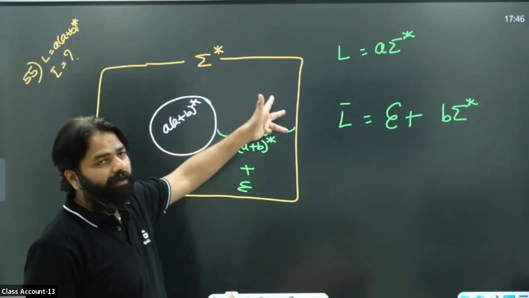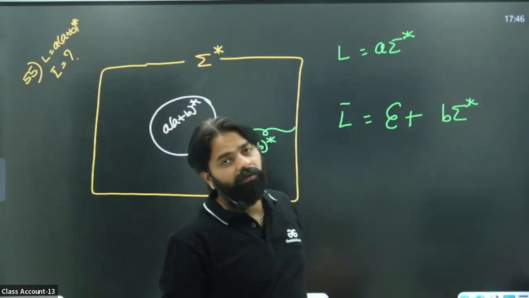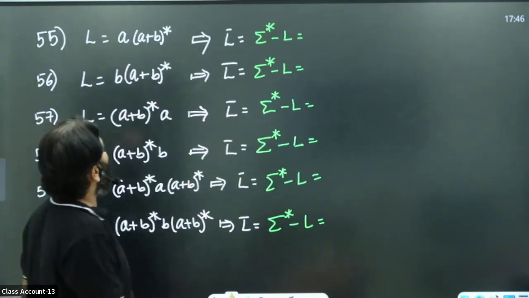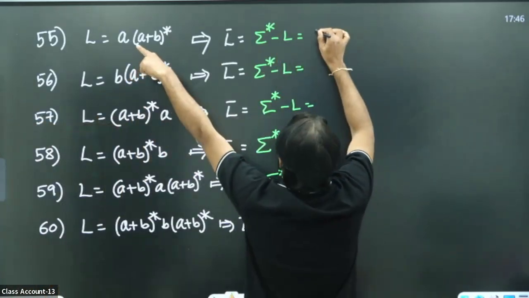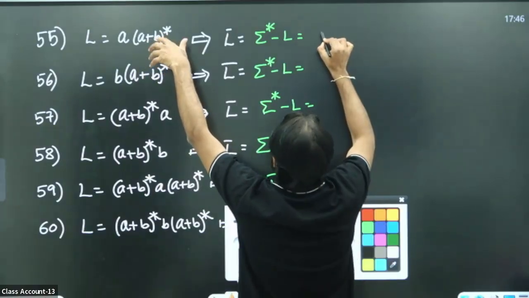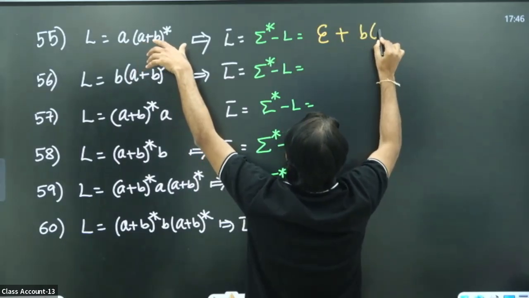So you can cross check. If you don't write epsilon, you will not get sigma star back. Okay, so now I can write an answer for the first one. Starting with A has as its complement epsilon union starting with B.